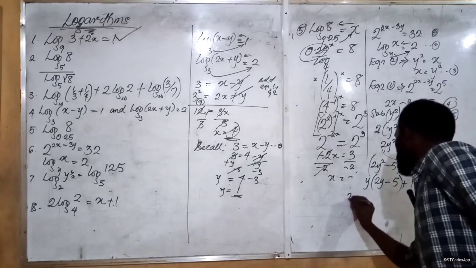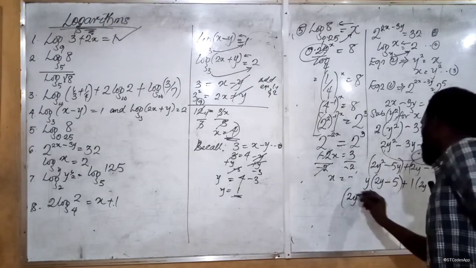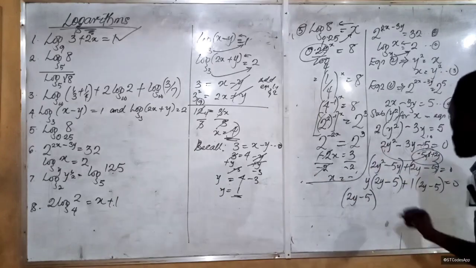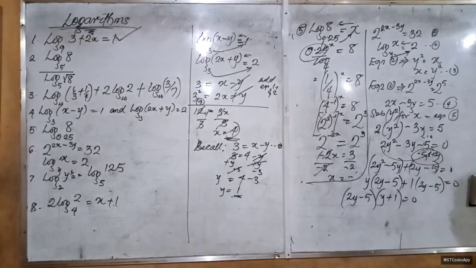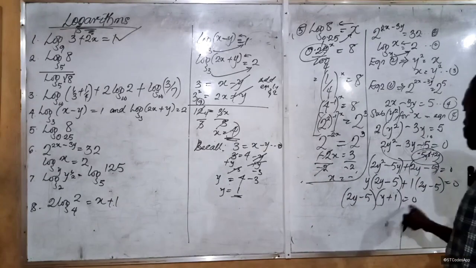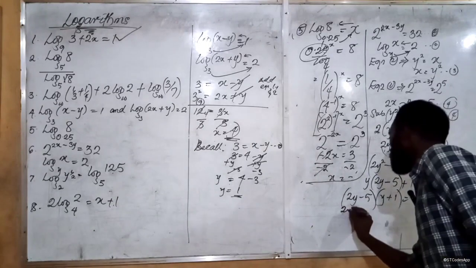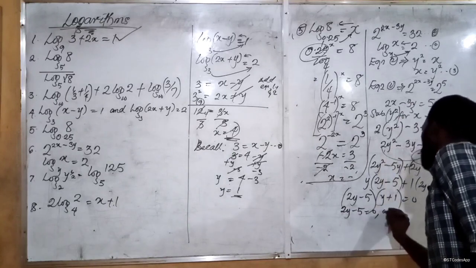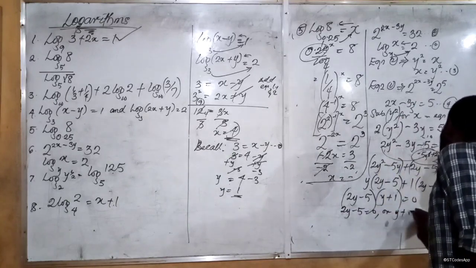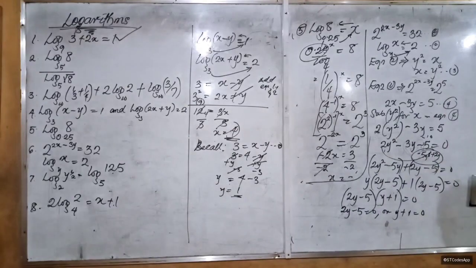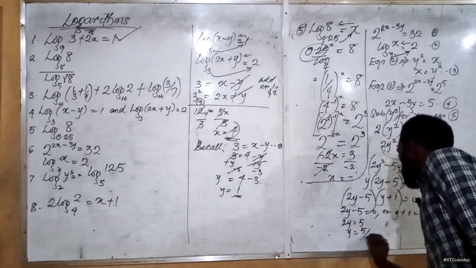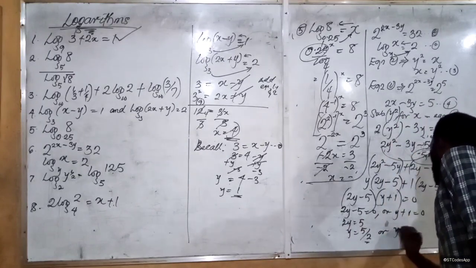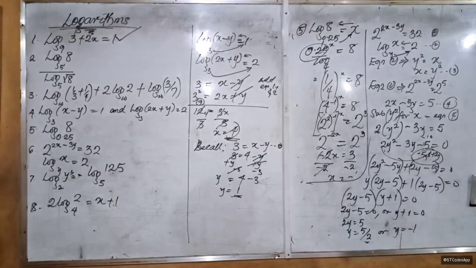So it means that 2y minus 5 is common between y and plus 1, and both will give us 0. If you multiply these to give you 0, it means one of them is equal to 0. Either 2y minus 5 is equal to 0 or y plus 1 is equal to 0. Is that okay? Then 2y will be equal to what? 5, so that y equals 5 over 2, or y equals minus 1. And that is our value of y.